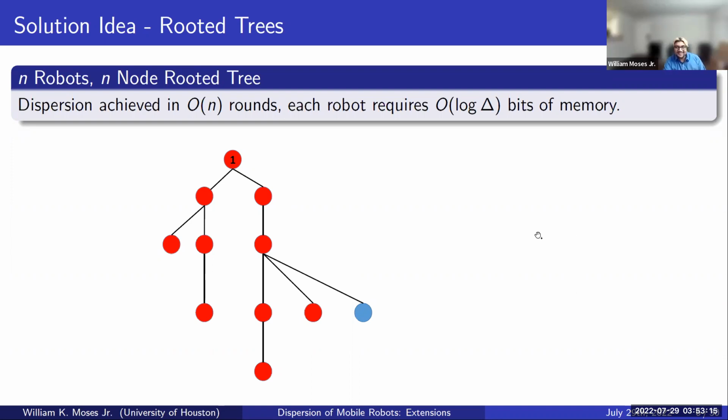Now, it's a little interesting here because what's happening is for most of these nodes, a robot will terminate once the exploring robot will tell the settled robot, that is the robot who was already there from the first phase, hey, you're allowed to terminate the algorithm once this exploring robot, the one who's moving around, has explored all the ports from that node.